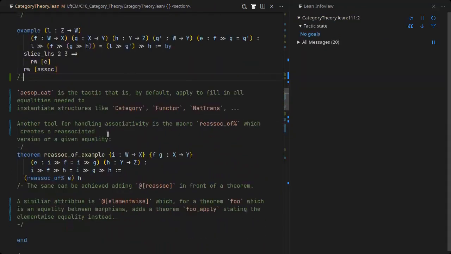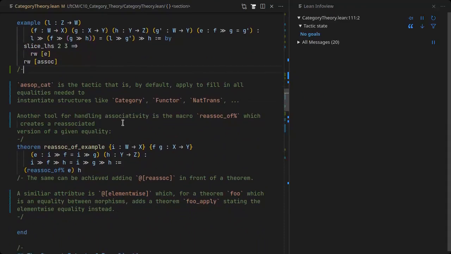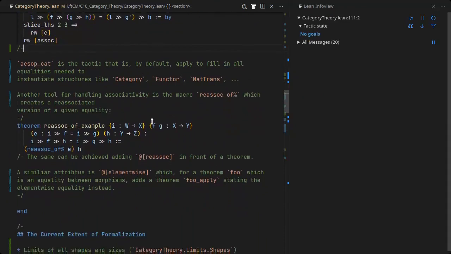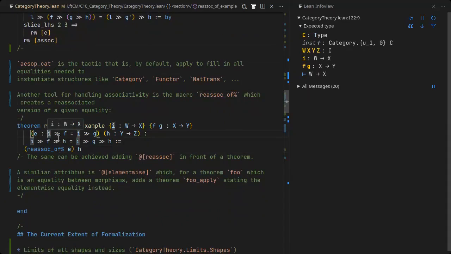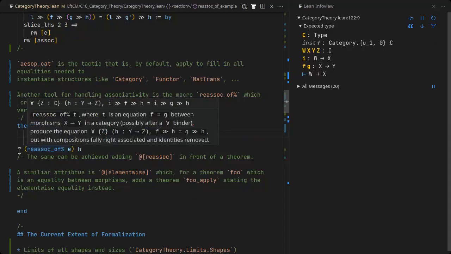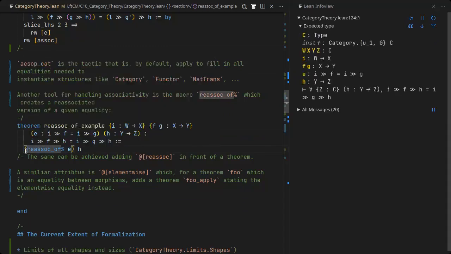Then also on the topic of reassociating, there's a feature which is called reassoc_of. What it does is it gives us, for any statement or any lemma like this, let's take I composed with F equals I composed with G, a reassociated version of that statement.